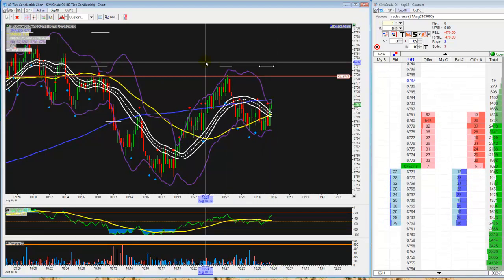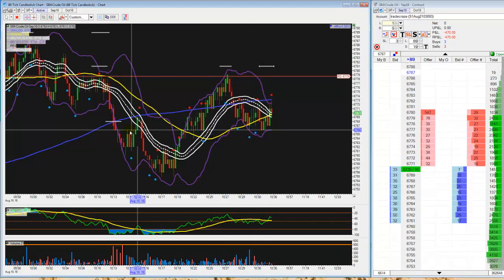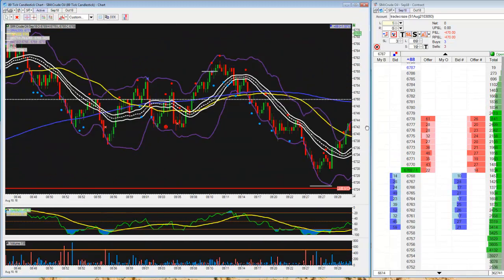Just trying to limit my entries is what it's all about, especially on a day that I'm losing. So if I lose, I'm okay with losing.